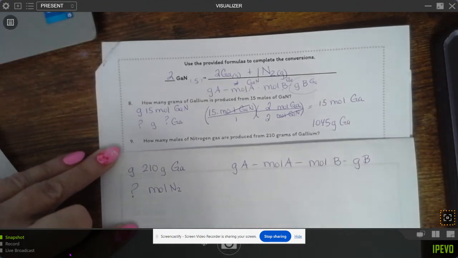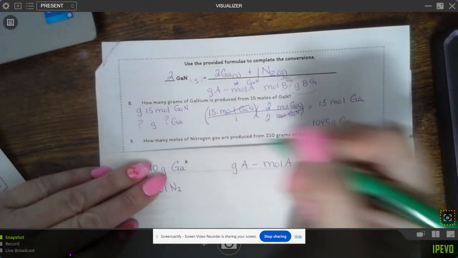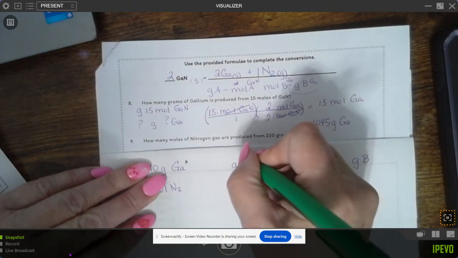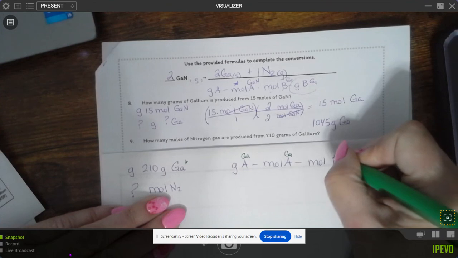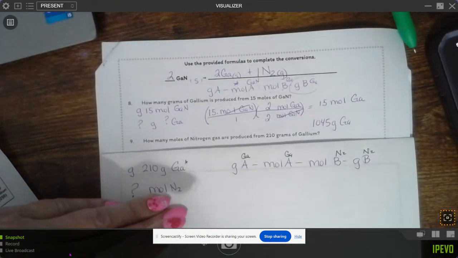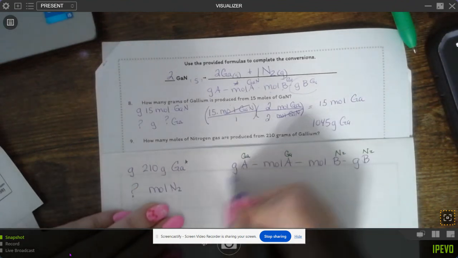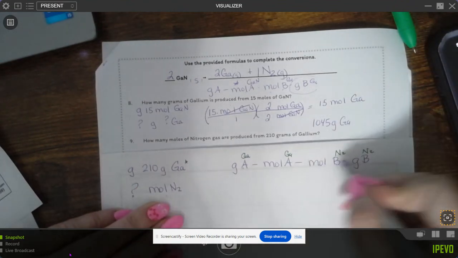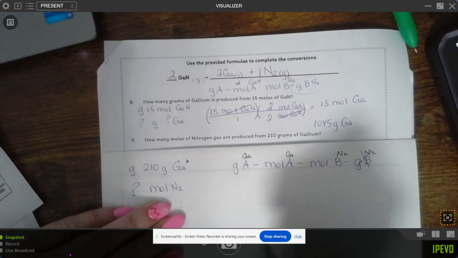Okay. So in this case, gallium is A. So I'm going to write this in on my map. Gallium is A and nitrogen is B. Okay. So now I'm starting with grams of A and ending with moles of B. So I don't need that last step. This is going to be a two-step problem.